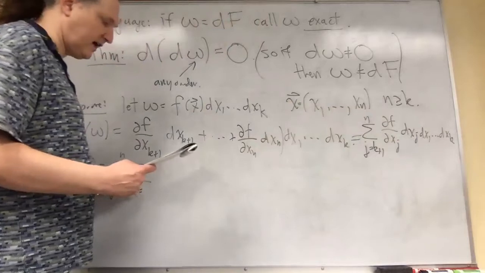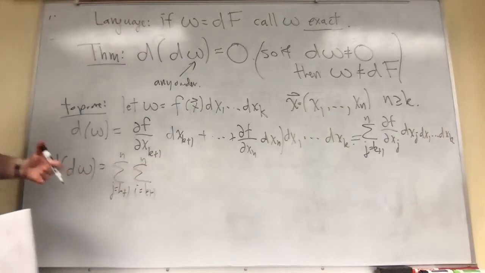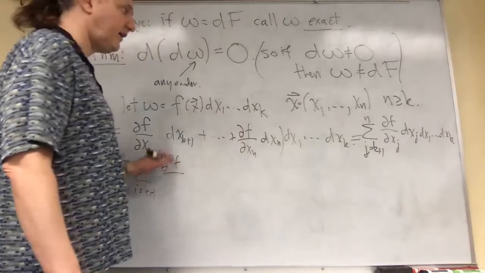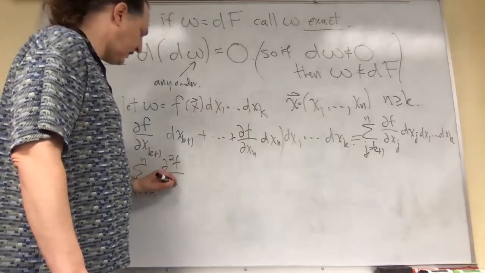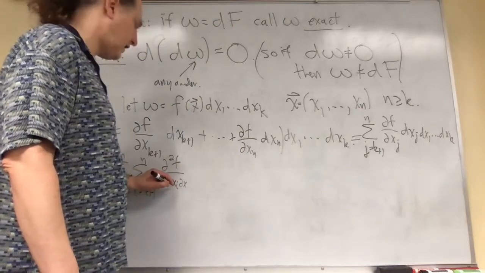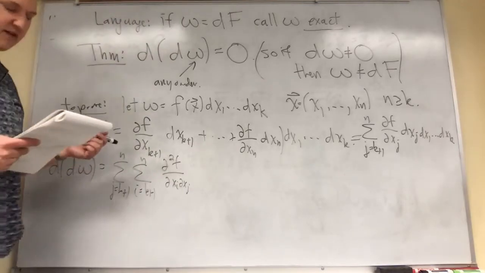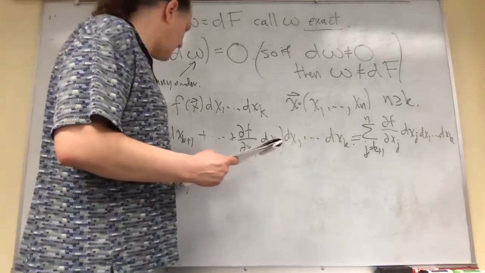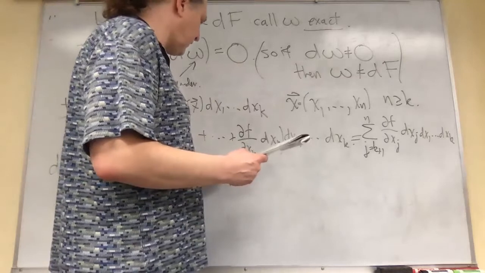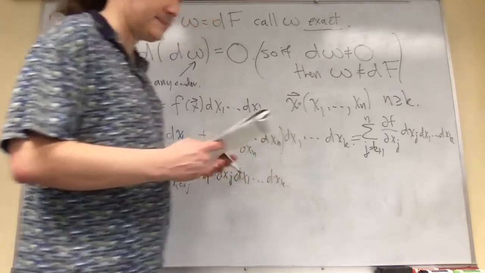So we will say i goes from k plus 1 to n. And now we have the second derivative. So the second derivative of f, del xi del xj, which one's first? All right, we already did j, so we do i afterwards, which means it comes in the front of it, good. And dxi comes out when we took that derivative, times all the differentials from before, dxj, dx1 up to dxk.